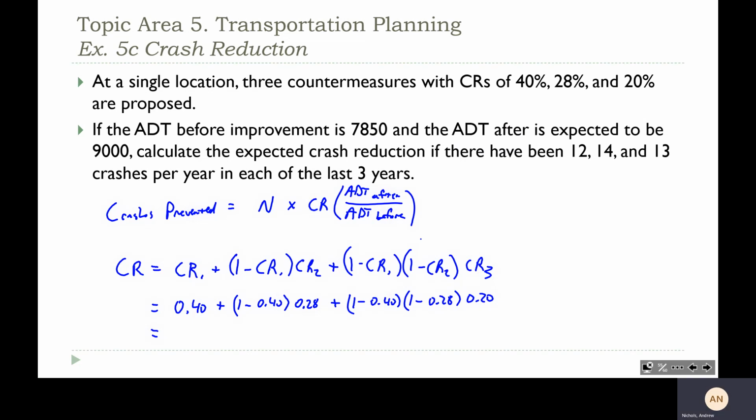So what's that give you for a combined crash reduction? 0.64?